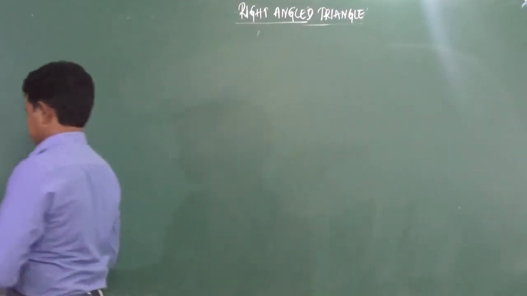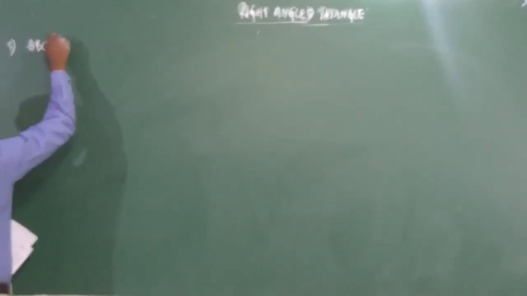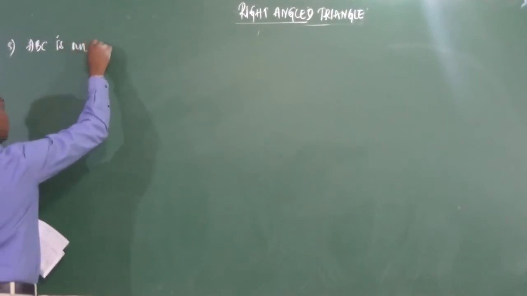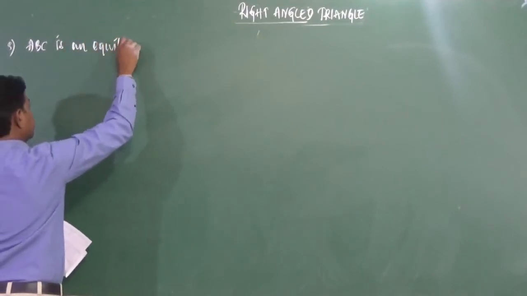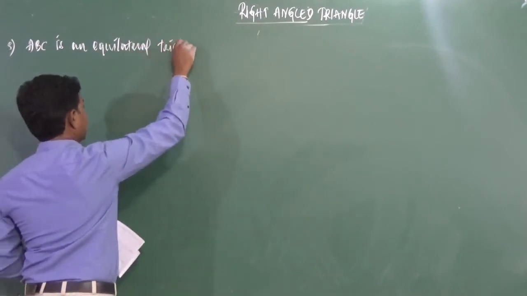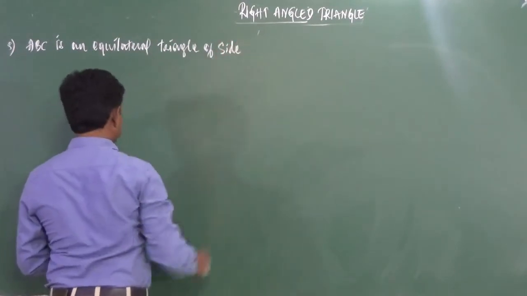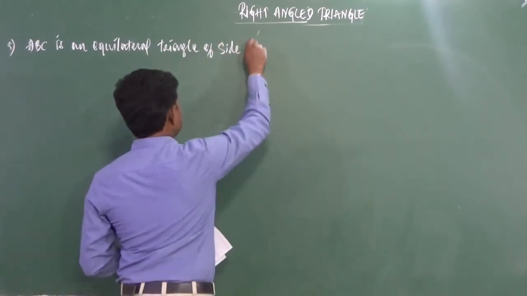ABC is an equilateral triangle of side 2A units.